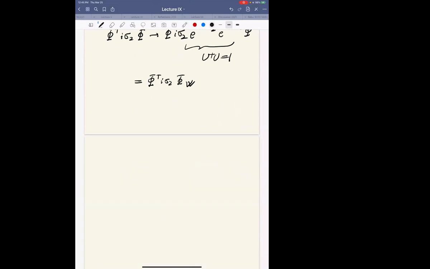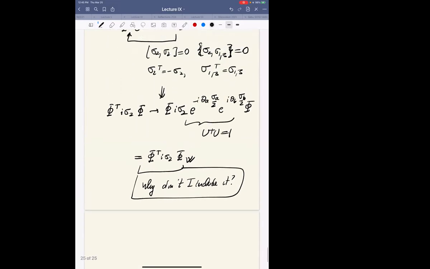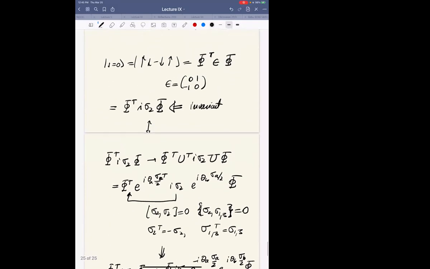So my question is, this is invariant. Why don't I include it? I didn't write it, because it's 0. This is a scalar particle.